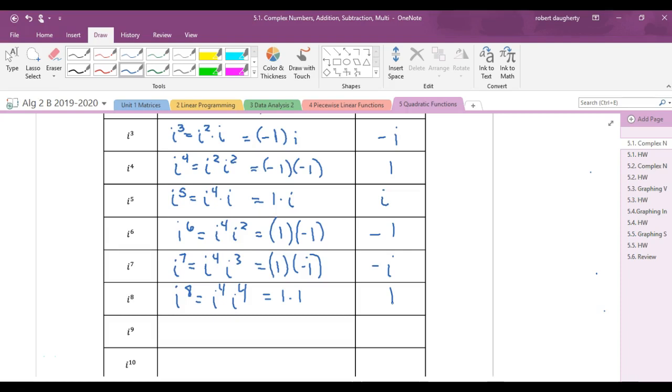So I to the 9th, okay? What we would typically do is, this is where I'm going to arrange it. I to the 9th, how many different possibilities am I getting there? How many possible answers? There are 4 answers. So let's look at 9. What is 9 divided by 4? That's what, 2 1/4, right? Okay. So I'm going to write it as I to the 4th.